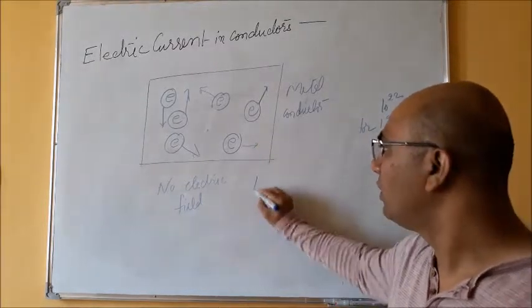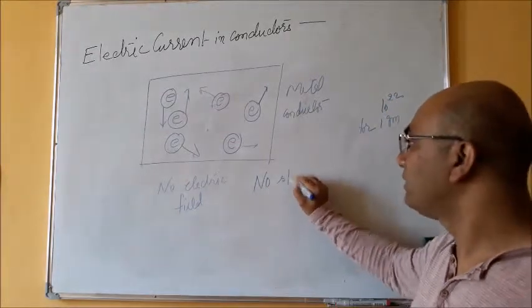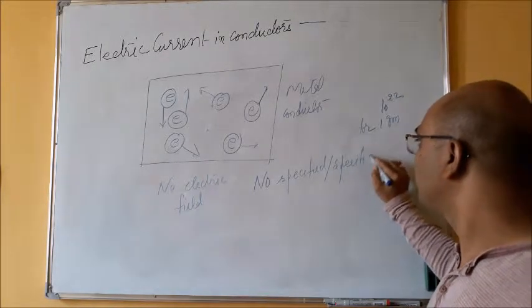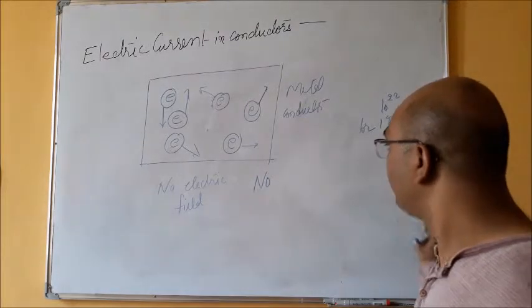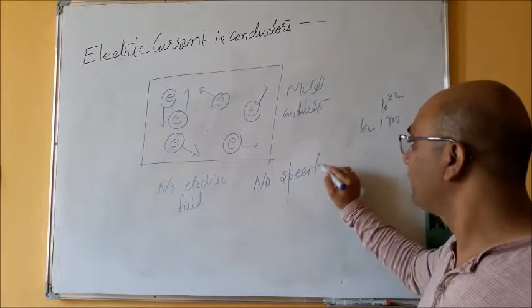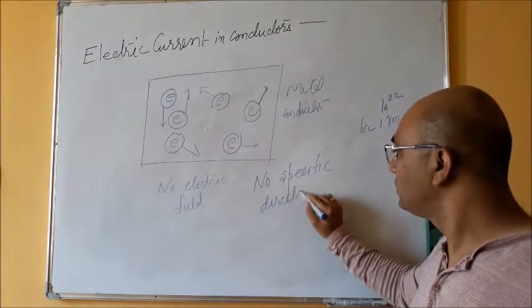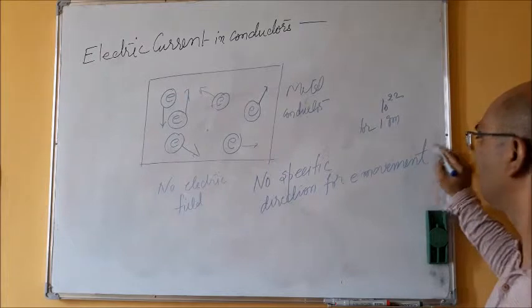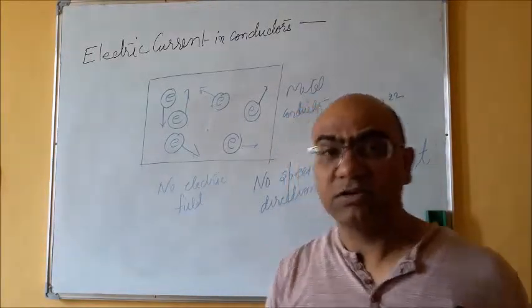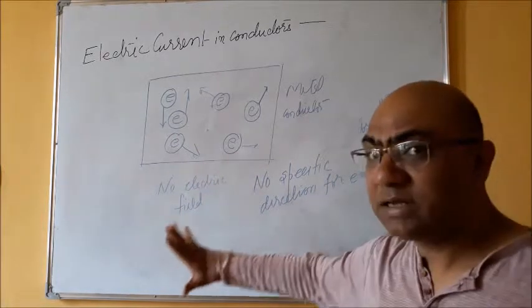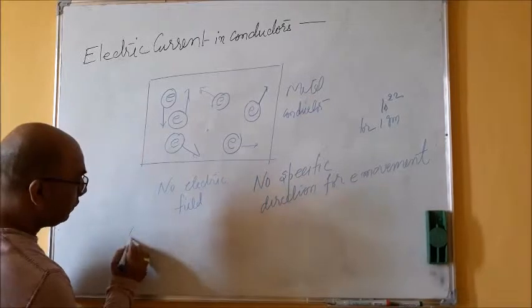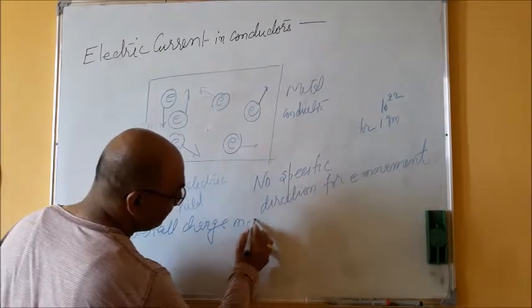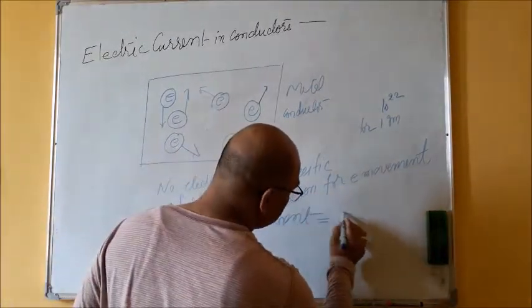There will be no specific direction for electron movement, and as a result the overall charge movement is 0.